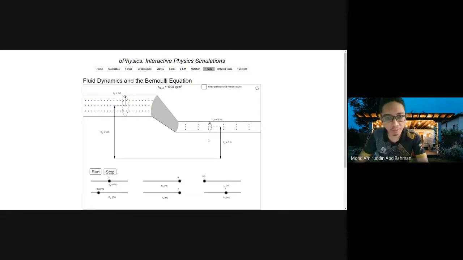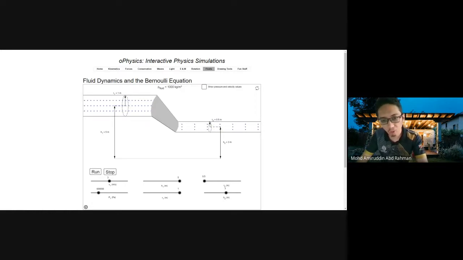Click run over here. You see the fluid is moving, water flowing from the left to the right. Then you need to calculate the pressure and velocity of the fluid on the right pipe using the Bernoulli equation.